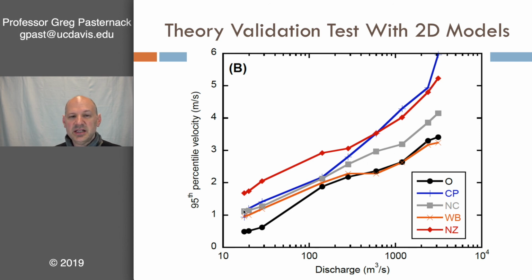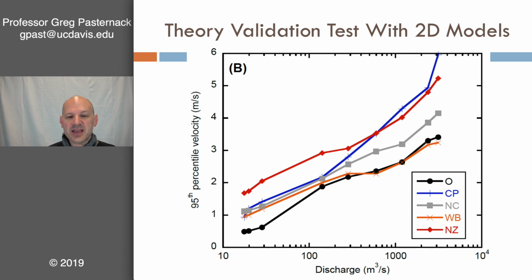Now I want to be clear that as I go from one discharge to the next, I'm not holding my location constant. What I'm doing is that at each discharge, I'm identifying where the landforms are at that discharge. So a base flow normal channel, a bankfull normal channel, and a floodway normal channel may be at 3 different locations.